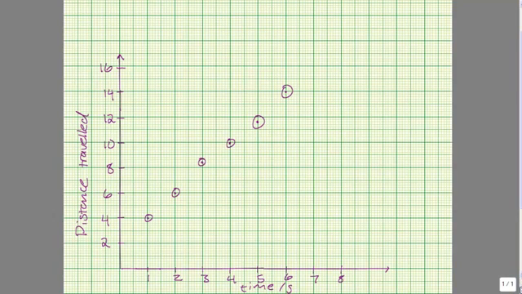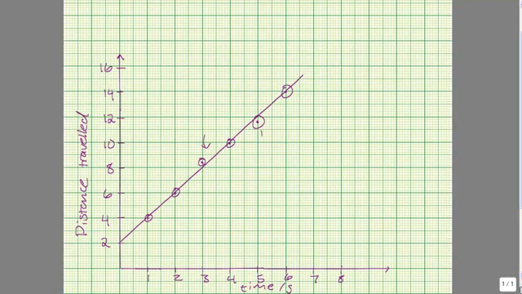These are our points. We can draw our best fit line. Remember, the best fit line is the best average of all of the points on the graph. And our best fit line looks something like this. Notice we have 1 point slightly above the line, 1 point slightly beneath the line.